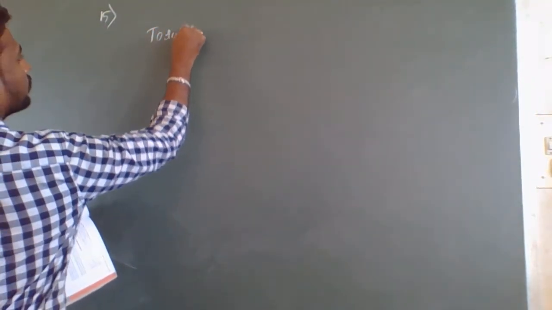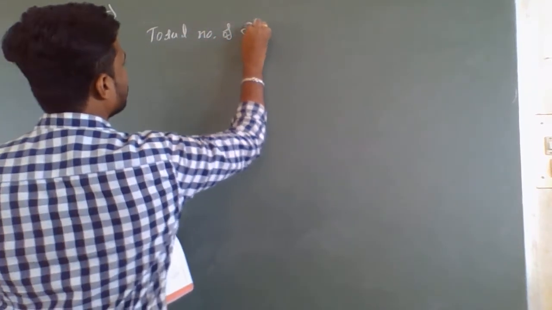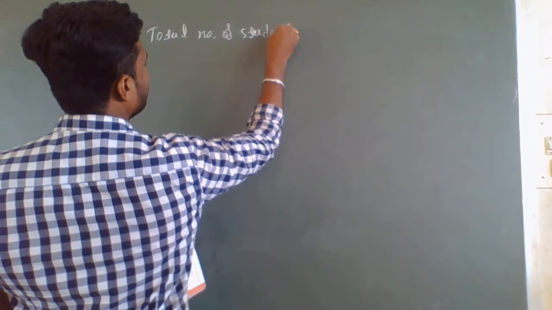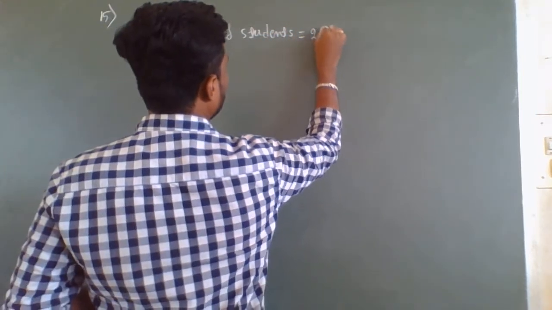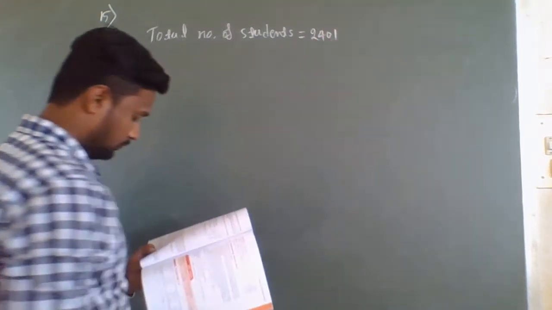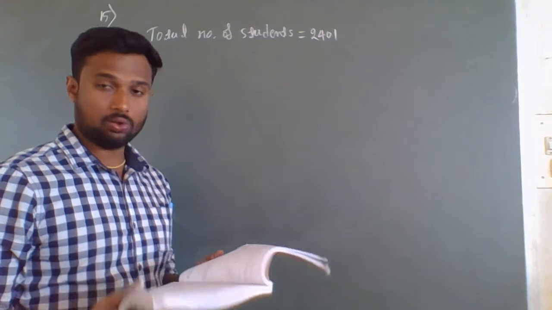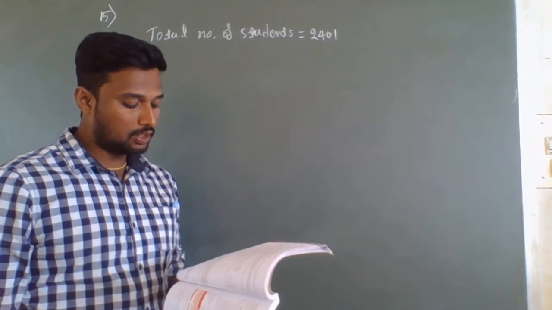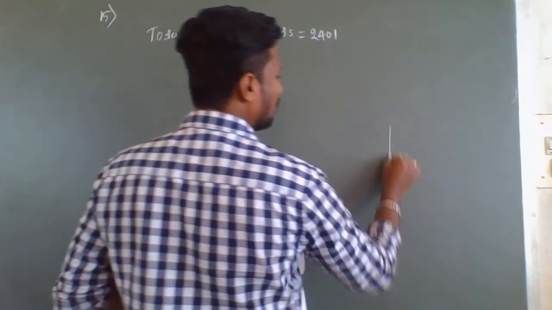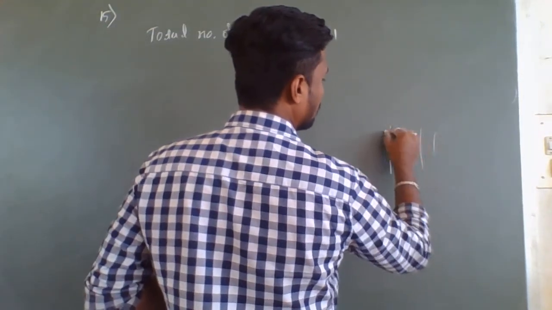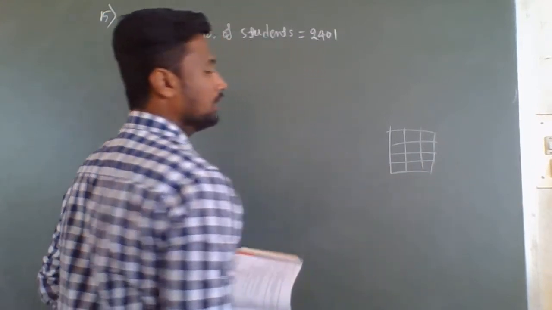Total number of students equals 2401. The number of rows and the number of columns should be equal.